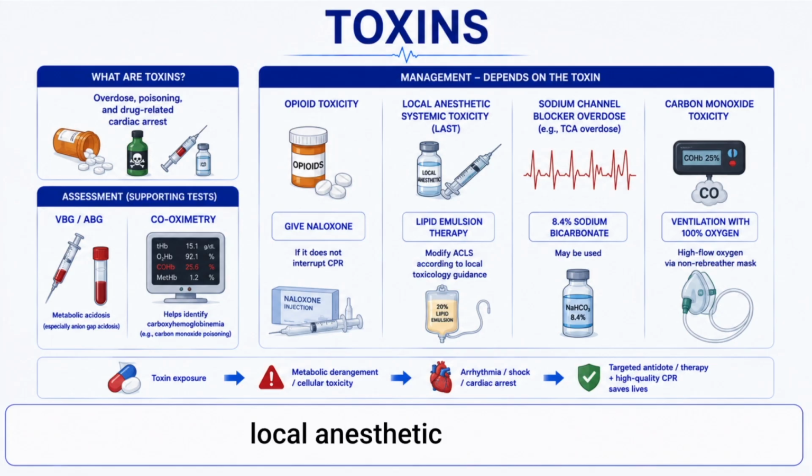In local anesthetic systemic toxicity, we give lipid emulsion therapy and modify ACLS according to local toxicology guidance. In sodium channel blocker overdose, such as tricyclic antidepressant overdose, 8.4% sodium bicarbonate may be used. In carbon monoxide toxicity, management includes ventilation with 100% oxygen.